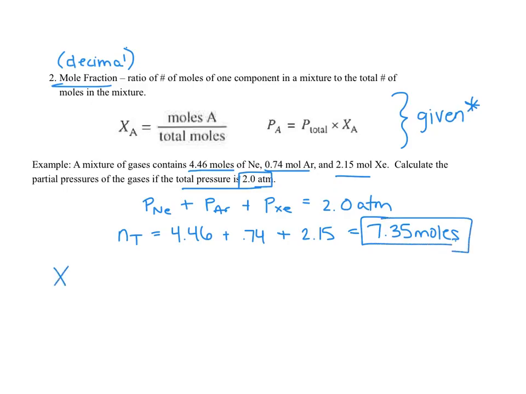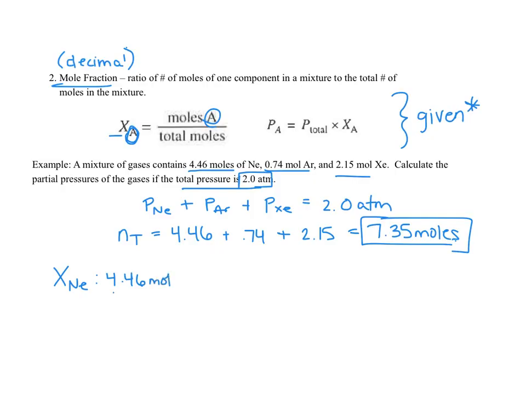So if I want to find the mole fraction of, let's just do neon. So X represents mole fraction, and then I can just put the symbol of the element I'm looking for the mole fraction for right next to it. So I'm going to take my moles of what I'm looking for, which is neon. Neon had 4.46 moles.